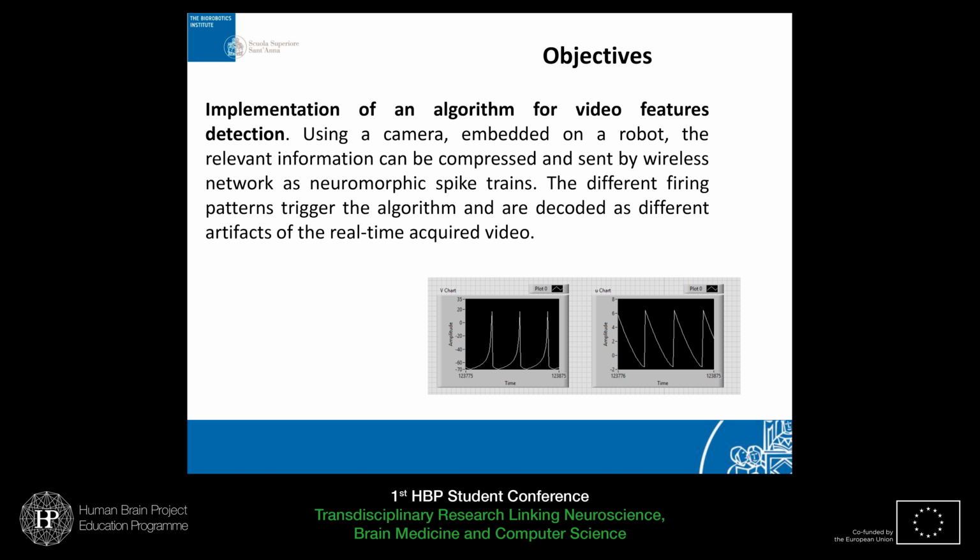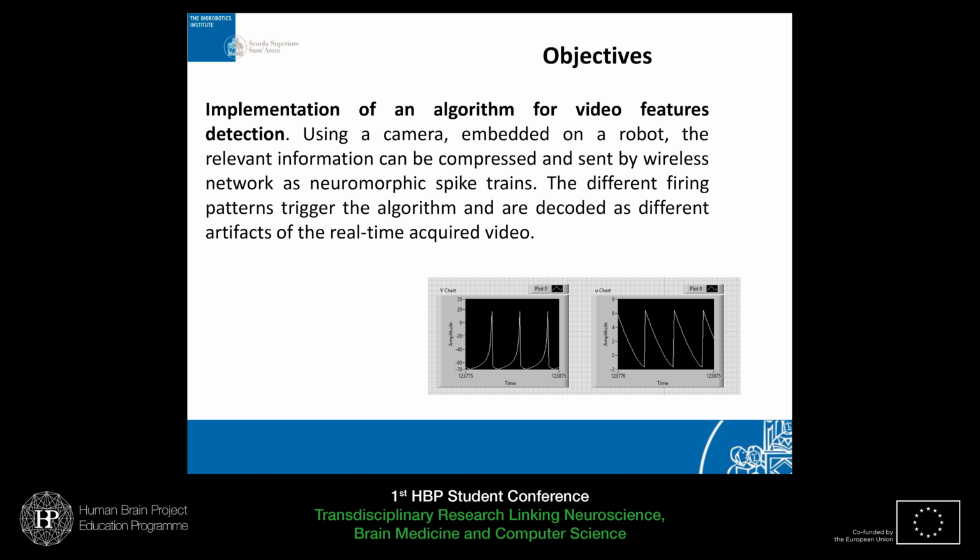So we want to simplify the problem and acquire an image from a camera. We want to divide the field of view into different regions of interest from which we can extract a feature such as the color, the shape, and the edge, and convert this feature into spike trains.